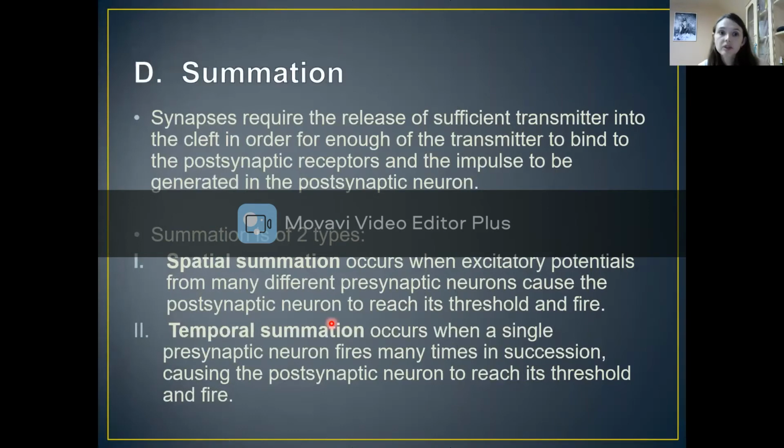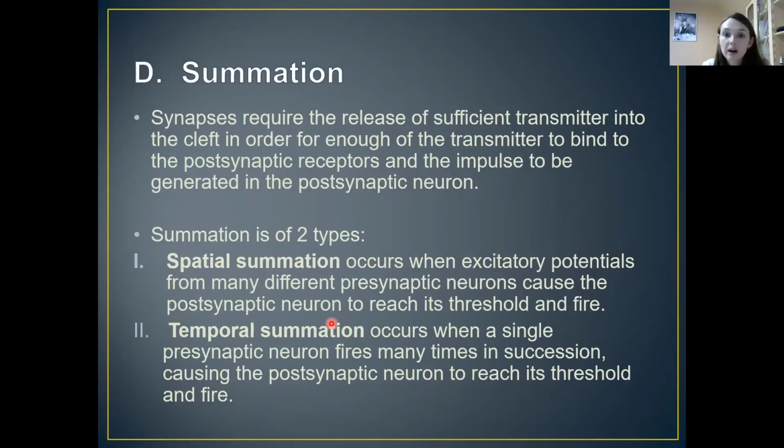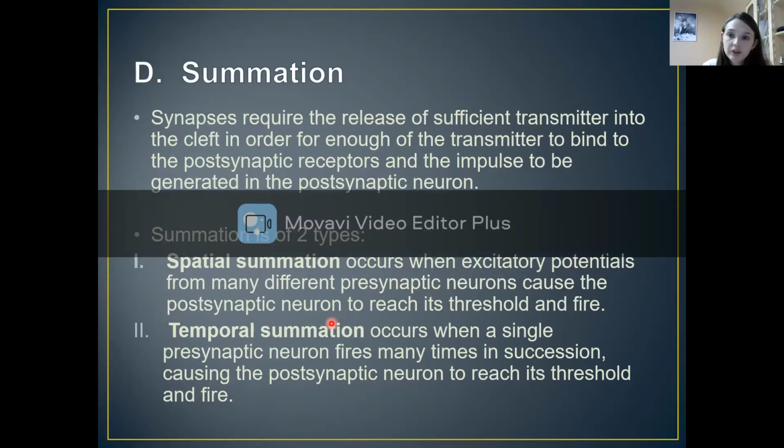Summation. Synapses need to release sufficient transmitter into the synaptic cleft in order for enough of the transmitter to bind to the postsynaptic receptors. Mainly, the action of neurotransmitter on the postsynaptic membrane is an example of a local response, or in other words, an example of a graded potential.